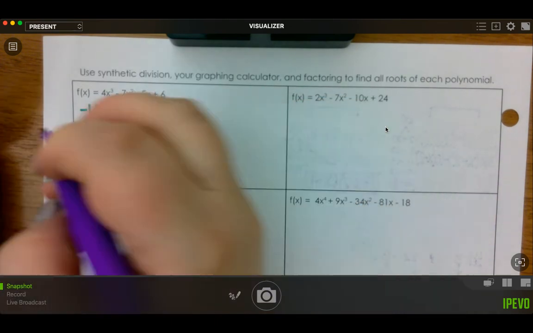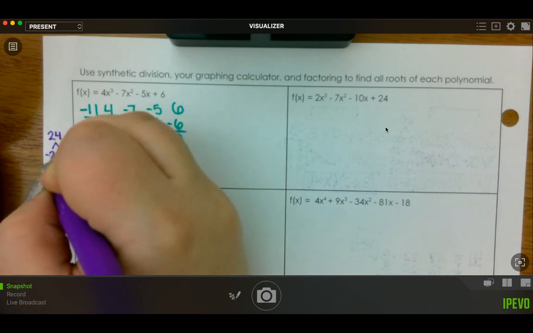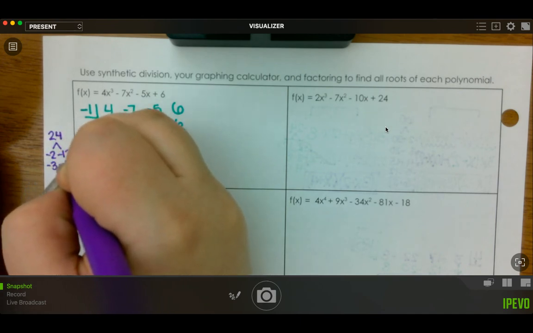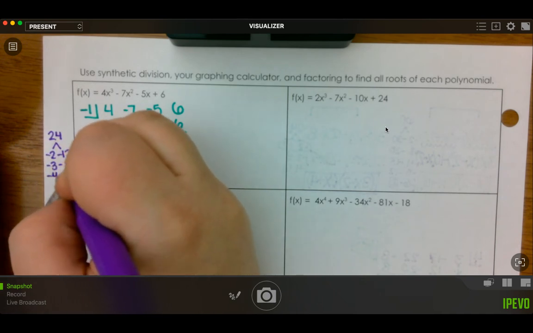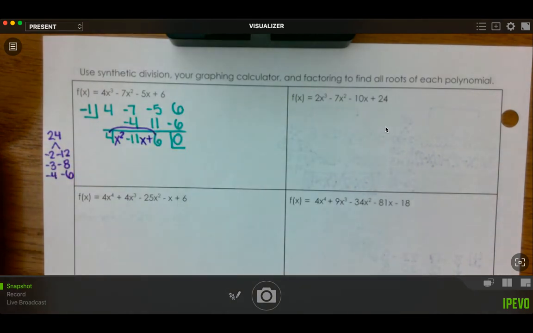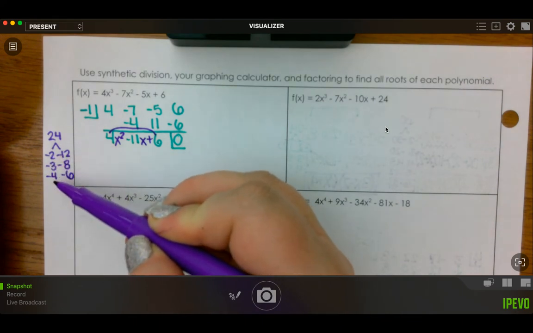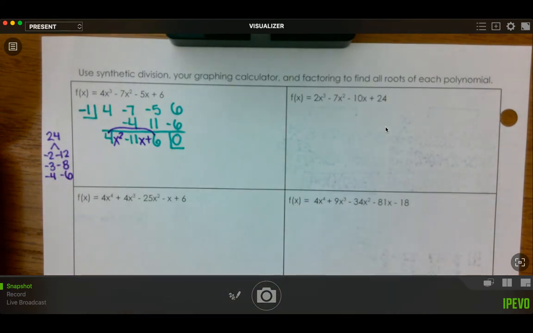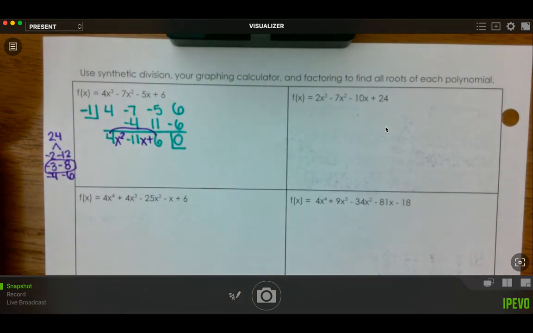Since it's positive 24, they both have to be negative. Otherwise, they wouldn't add to a -11. So 2 and 12, 3 and 8, 4 and 6. If you're not sure what goes into 24, start with 2, then 3, then 4. And -3 and -8 are my winners because they add to -11.